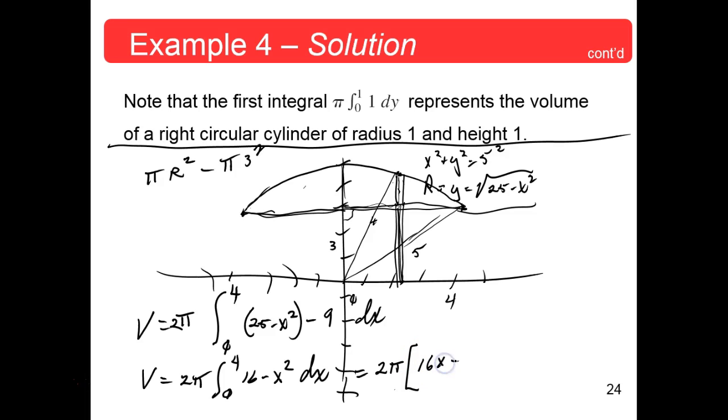Right. Okay. Minus, second, x cubed over 3. Okay. We'll evaluate that from 0 to 4. Okay. It's going to be 2 pi times. Okay, what's 16 times 4?